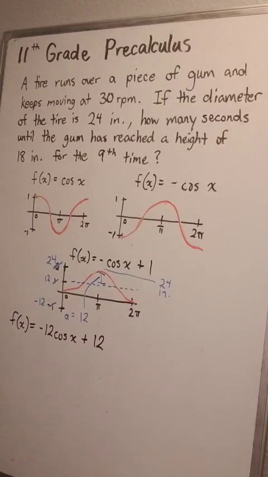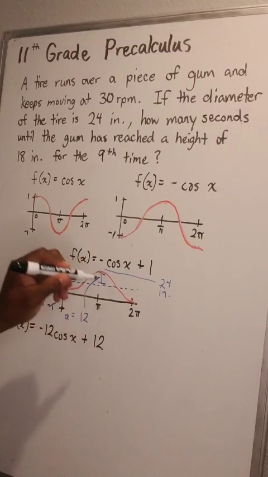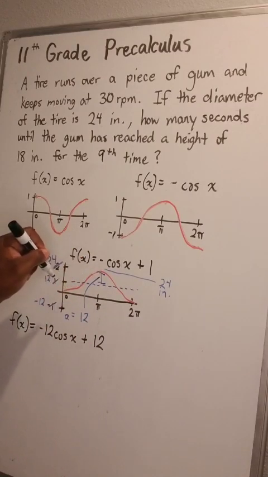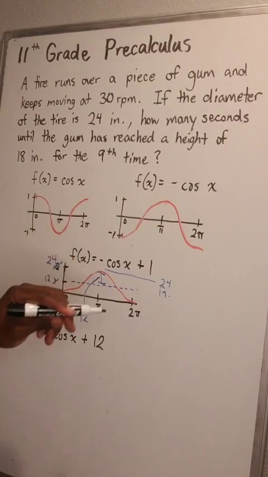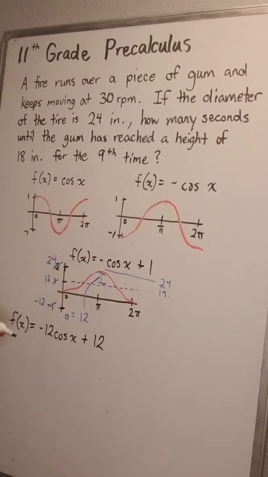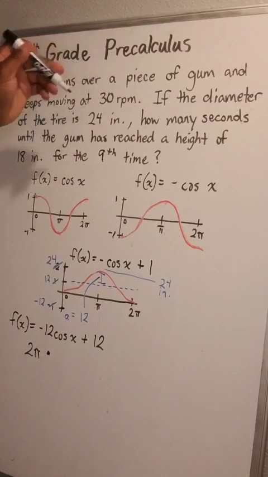And there's one more item that we need to consider, and that is going to be the frequency, or a value that is going to go right in between the cosine and the x. And the way we're going to determine the frequency, or how fast or how tight this function goes up and down, is we're going to take 2 pi times the revolutions per minute.